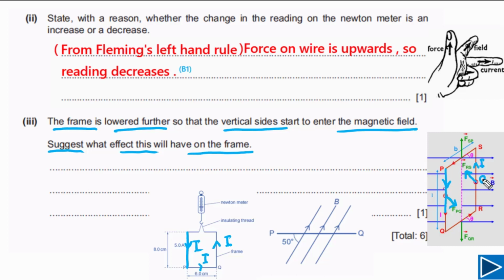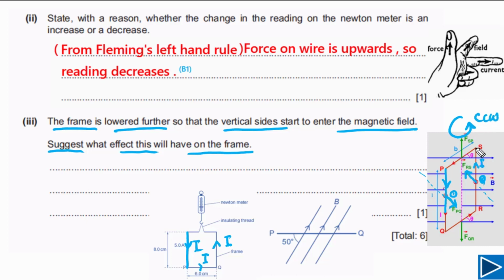We can also use symbols here: this means into the page, and this means out of the page. But the lines of action of these two forces are not along the same line. So it will cause a rotational effect. In this case, the loop will rotate counterclockwise.